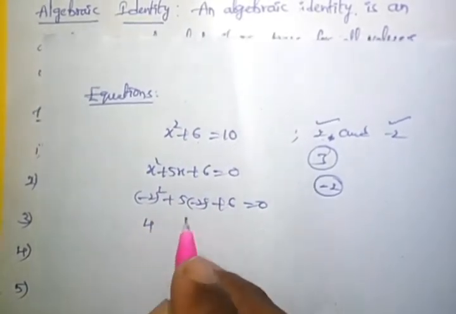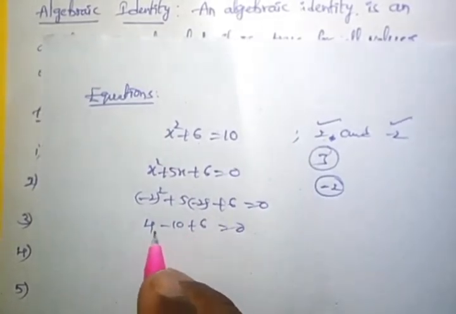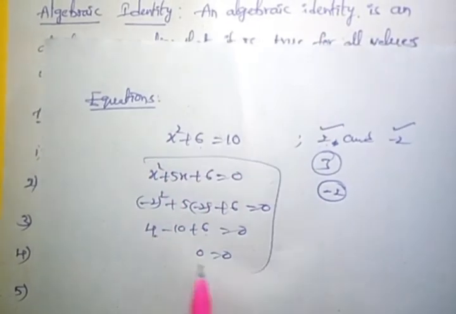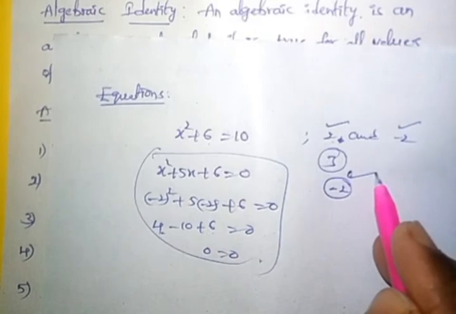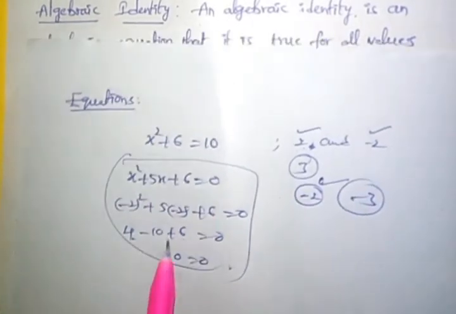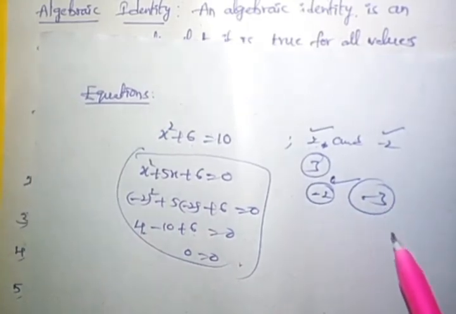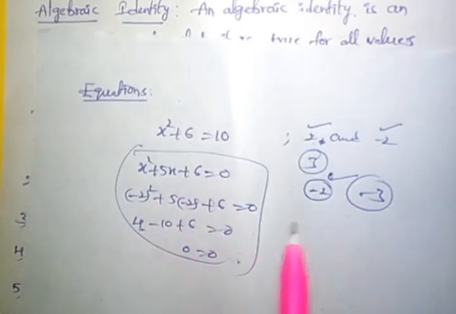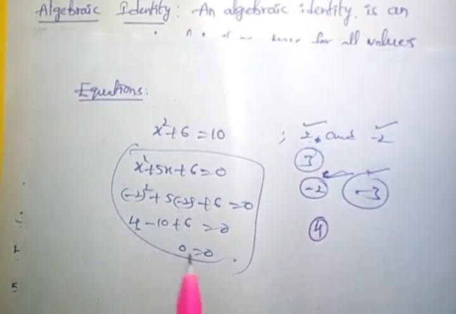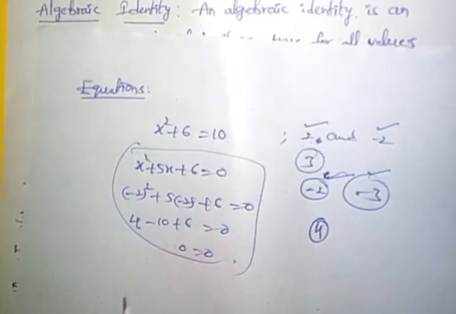Minus 2 square is 4, 5 twos are minus 10, plus 6 equal to 0, that is 4 plus 6, 10, minus 10, 0 equal to 0. So this is true for the value minus 2. Similarly, if you take minus 3, then also it is true for the value minus 3. So this equation is true for only the values minus 2 and minus 3. If you take 4, it is not true in that case. You can verify by substituting 4 in the given equation.